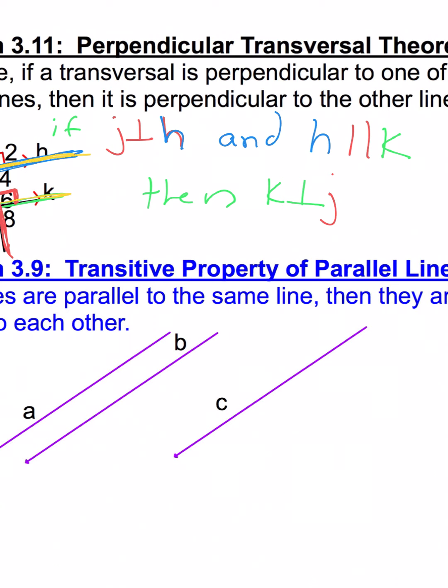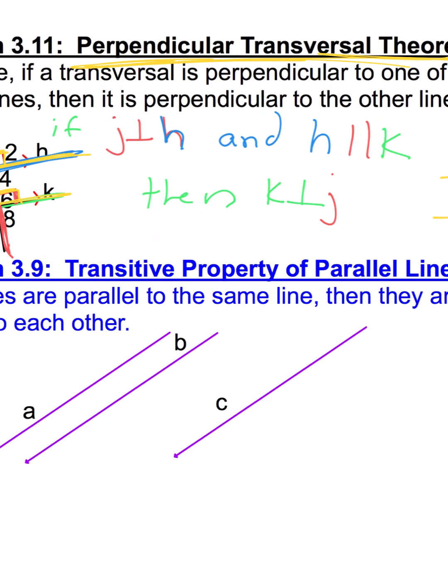What type of angles are 2 and 6? These are parallel. What type of angle are 2 and 6? Aren't they corresponding angles? Aren't corresponding angles always congruent every single time you have parallel lines? So this is kind of a silly theorem in my opinion, just because we already know that if you have parallel lines, corresponding angles are the same. These just happen to be 90.